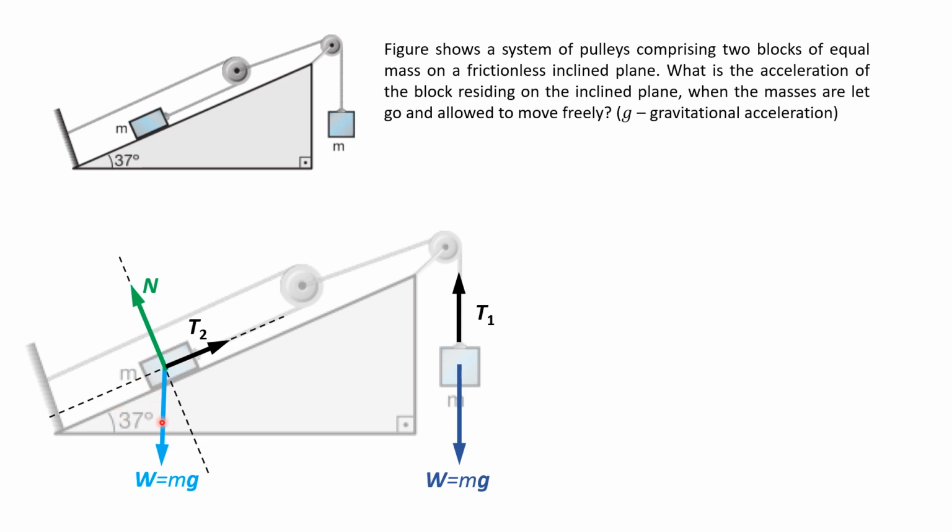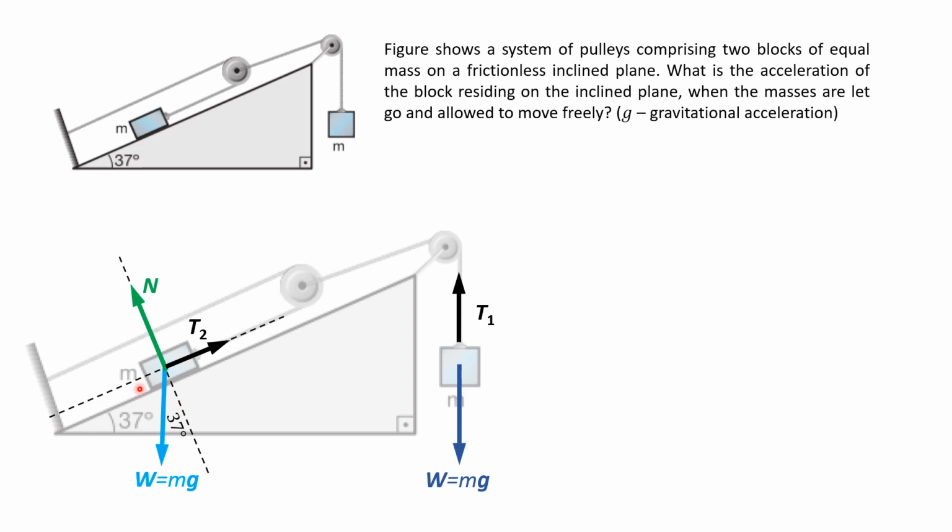Why is that? Because notice that this angle is 90 degrees, and this is 37. The internal angle of triangles is 180, so this should be 90 minus 37, which is 53 degrees. And since the angle between x and y directions is 90 degrees and this is 53, then this must be 90 minus 53, which is again 37 degrees.